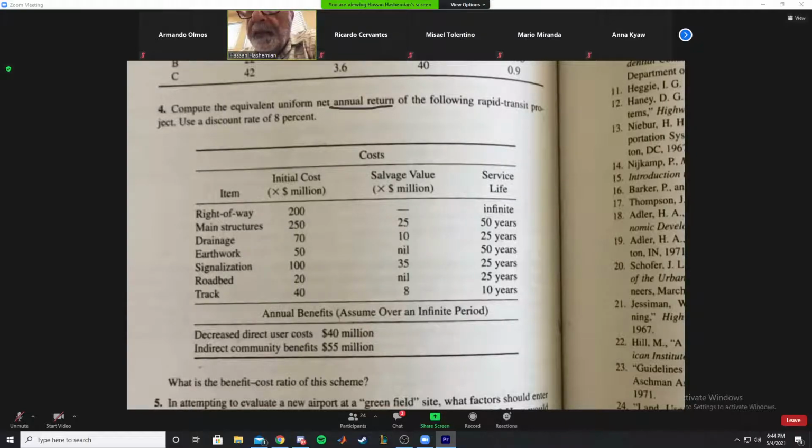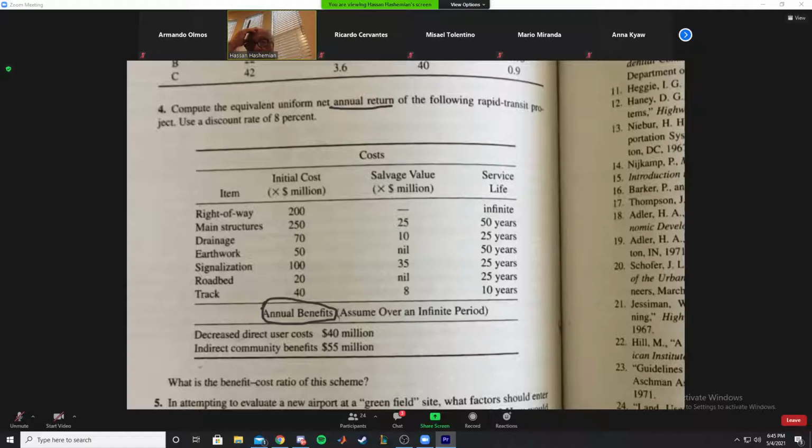Now, the benefit here is the annual benefit. The benefit is given annually. Why? Decrease in direct user cost. We talked about user cost before. User cost is what you pay for your gas, your tire wear, maintenance of the car, depreciation of the car, all of these, and the time that you spend on the freeway.